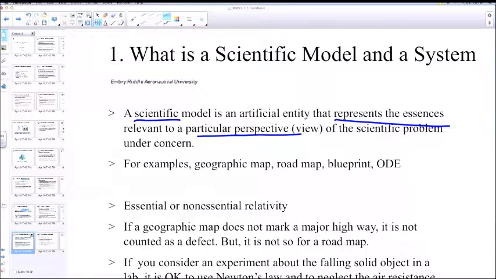You can look at all different types of maps, a geographic map, a road map, and you can look at the blueprint of an architecture, and we can look at ordinary differential equations, mostly in this course.